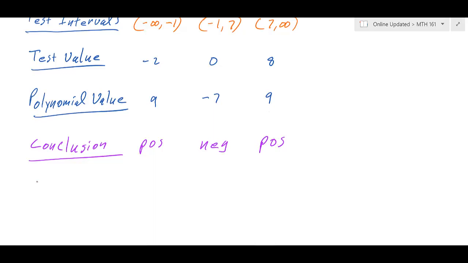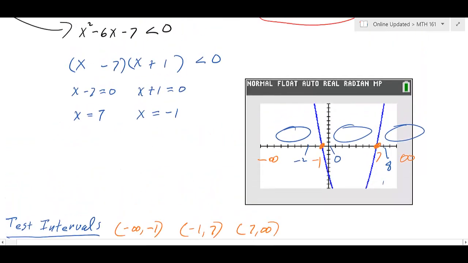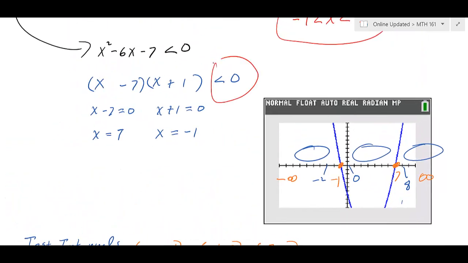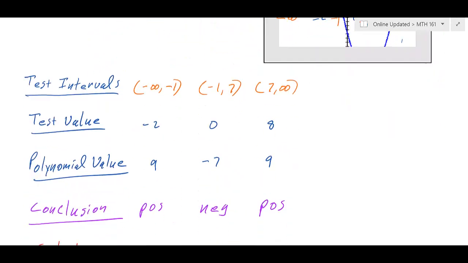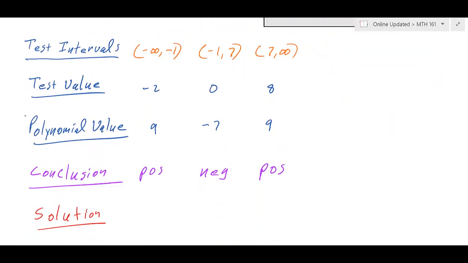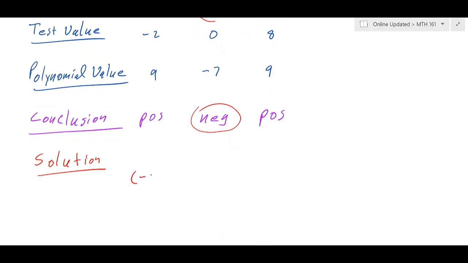What that tells us is, for the solution to the inequality, we're looking at values that are less than 0. So we're looking at where the values are negative, and that occurs on the interval listed here from negative 1 to positive 7. So our solution is negative 1, whoops, not negative 7, negative 1 to positive 7.